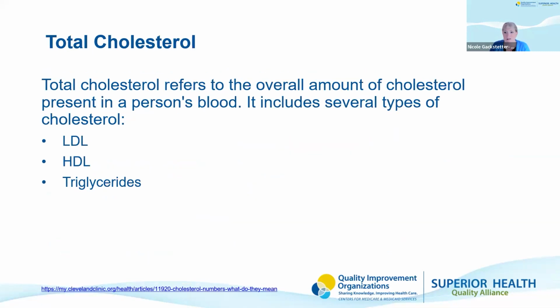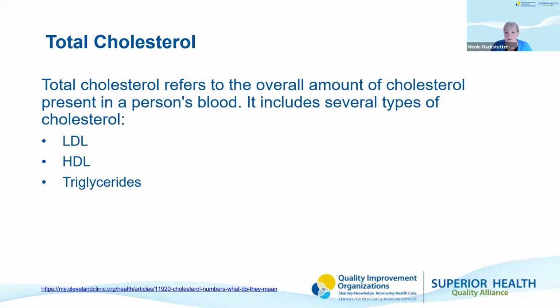Total cholesterol refers to the overall amount of cholesterol present in a person's blood. It includes several types of cholesterol, primarily LDL, HDL, and triglycerides. When healthcare providers measure total cholesterol, they typically consider the levels of LDL cholesterol, HDL cholesterol, and sometimes triglycerides to assess a person's overall cardiovascular risk.